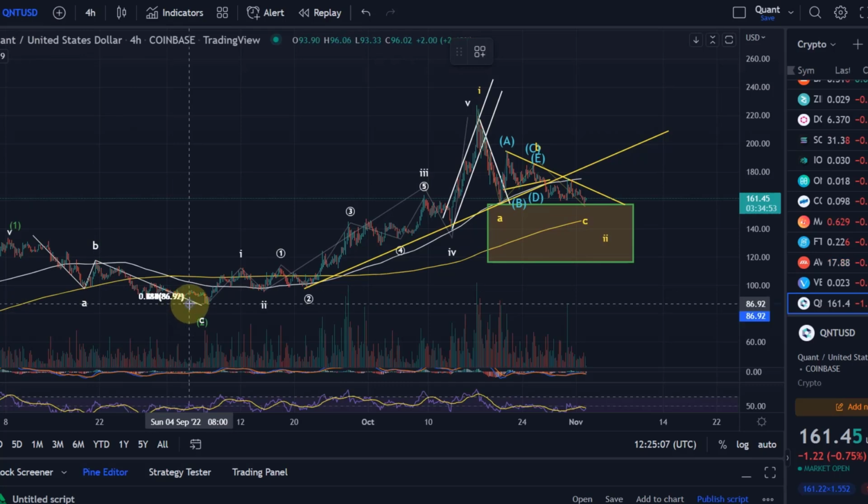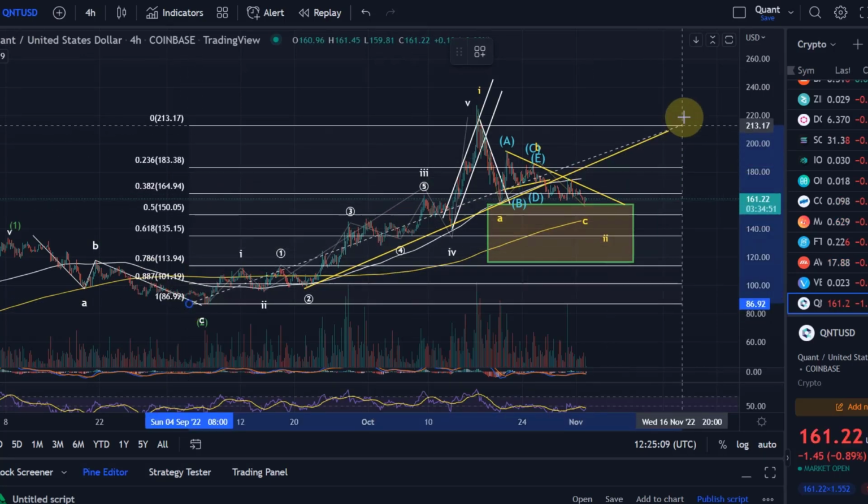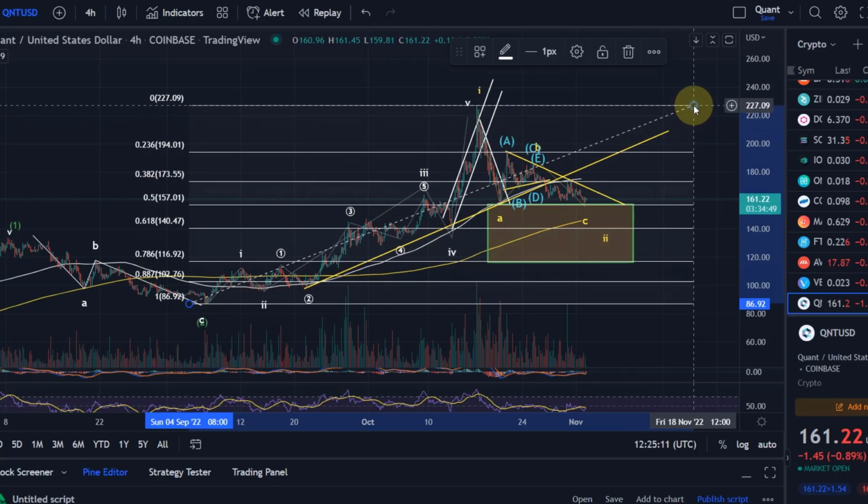The other way of calculating a target for this correction to end is to look at the Fibonacci retracement levels. Here we've got exactly those three key levels that are so relevant in a wave 2 correction. We shouldn't only look at the subdivisions, we should also look at the bigger picture. Context is super important in Elliott wave. The key Fibonacci support levels are the 50% retracement at $157, the 61.8 at $140, and the 78.6 at $117.